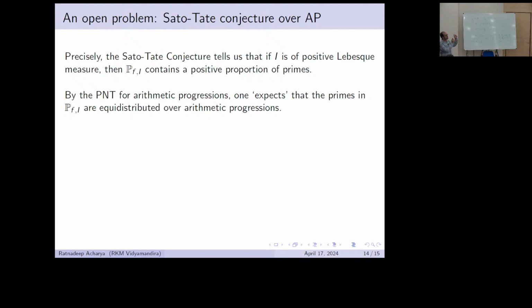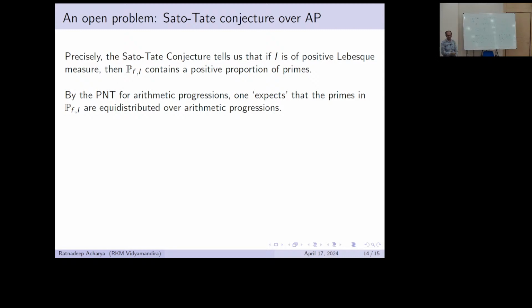Yes, one expects it, but it is not known. And if that is known, then the problem boils down to this: we can prove it for any subset I of -2 to 2 with positive Lebesgue measure.